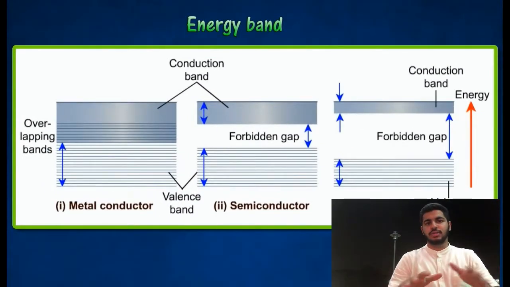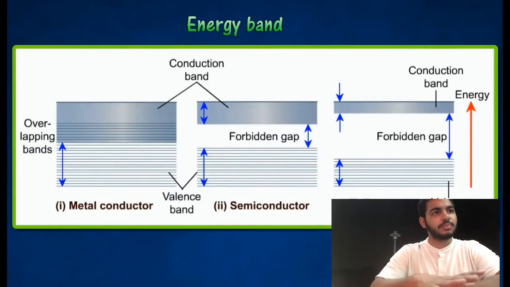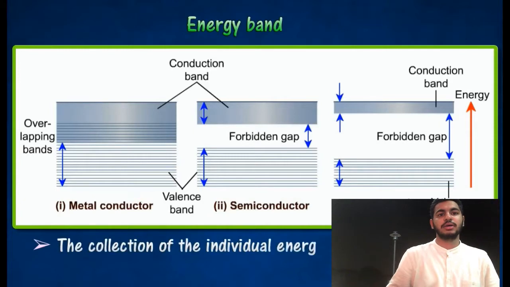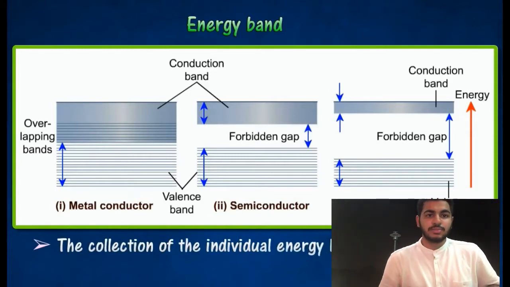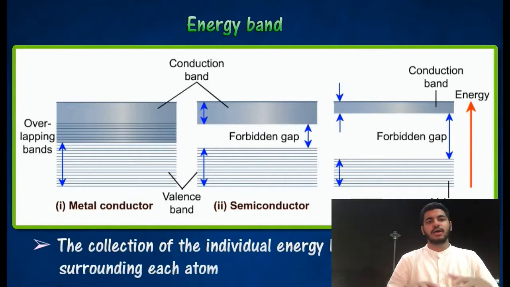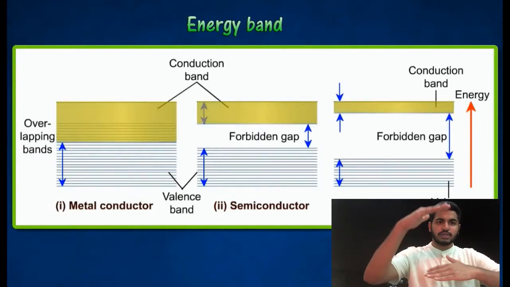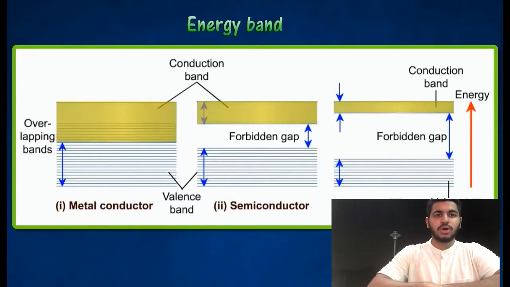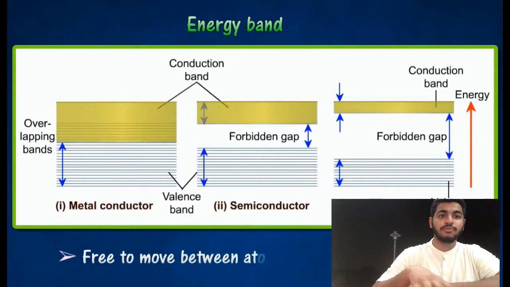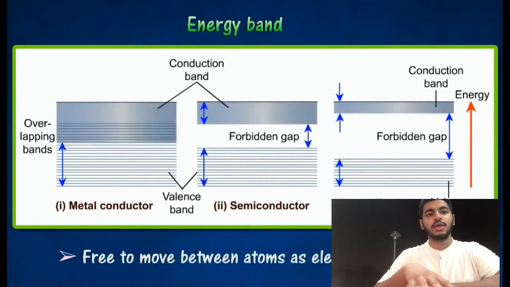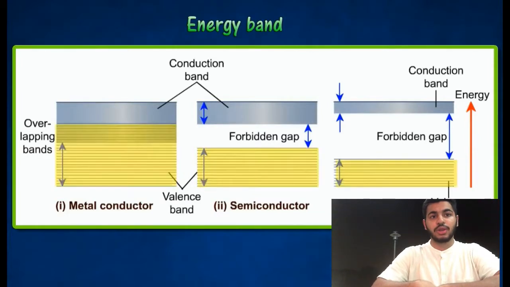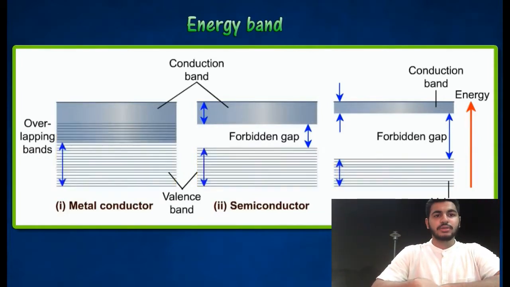To visualize this, we're going to show you the energy bands for the three materials: the conductor band, the insulator band, and also the semiconductor band. The first upper one is made of crystalline material. Firstly, we talk about the conductor.